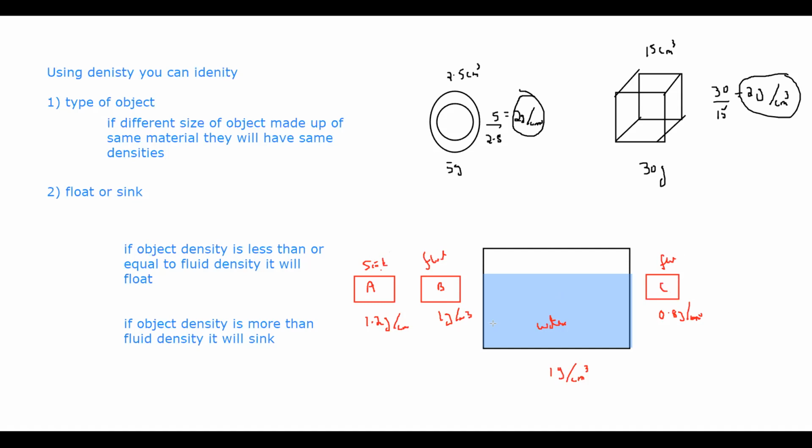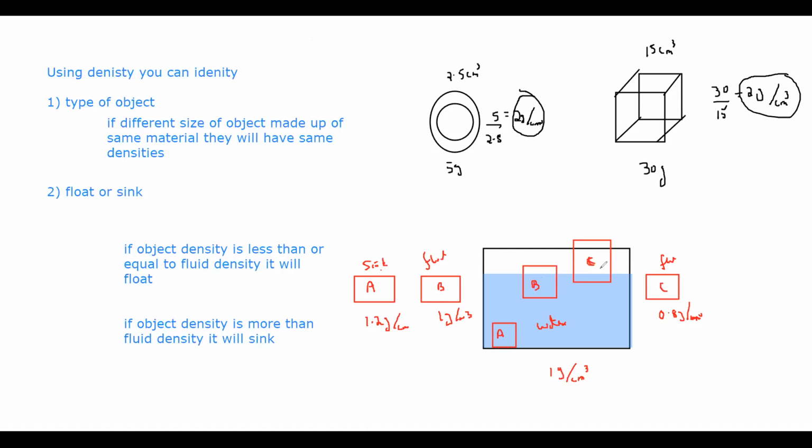When you place A, it will be underwater because its density is higher. For B, because the density is equal to the density of water, most of the part is under the water and a small part is above the water. But for C, most of the part is outside the water and a small part is under water, because the density is lower.